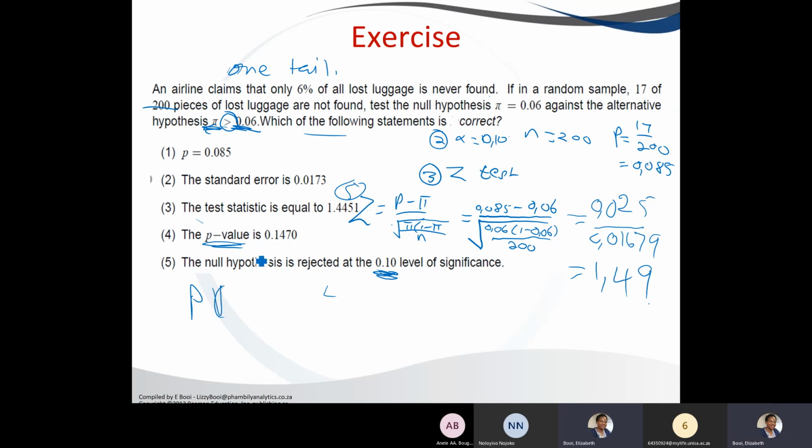So our p-value will be, we're doing a one tail, sorry, I must not forget that. This is a p-value. Since this is positive, and since the value is greater than, we're going to say 1 minus the value we find on the table.